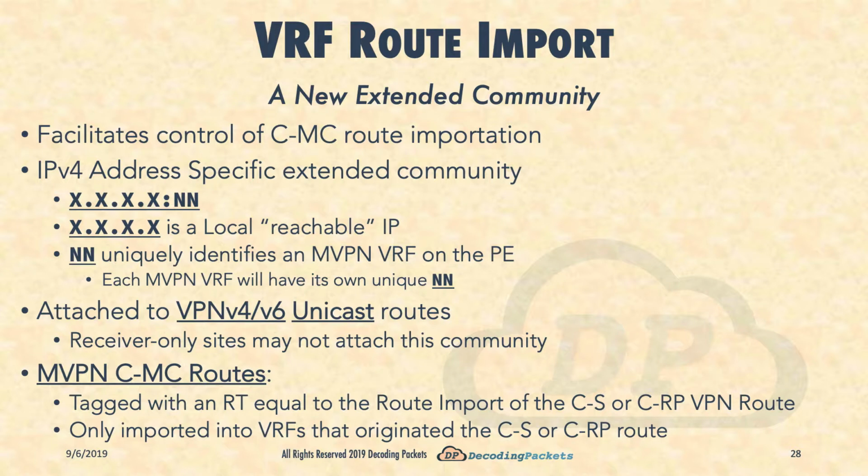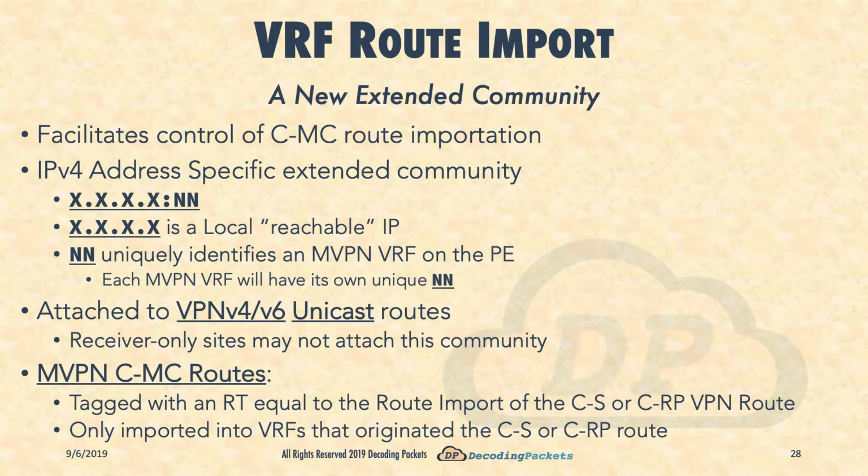So in case of VRFA on that particular router, say with a 1.1.1.1 address, the route import community then would become 1.1.1.1:100, and for VRFB it would become 1.1.1.1:101.